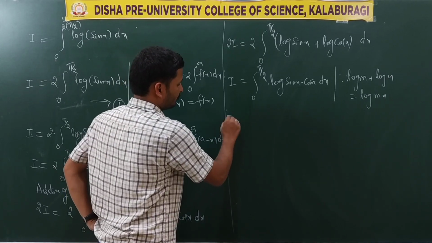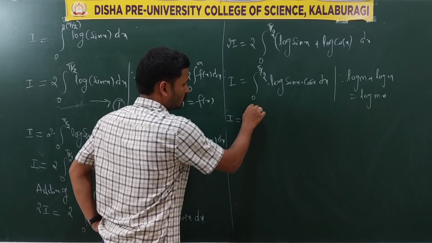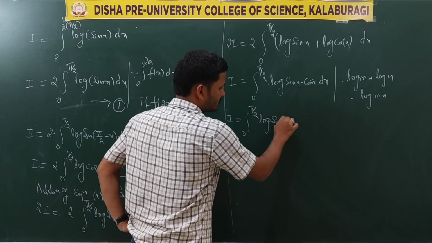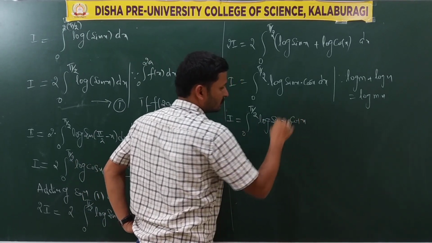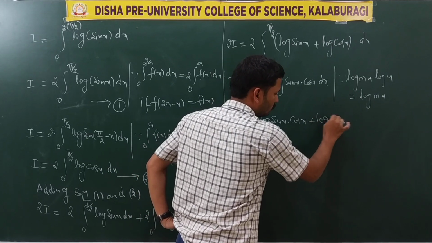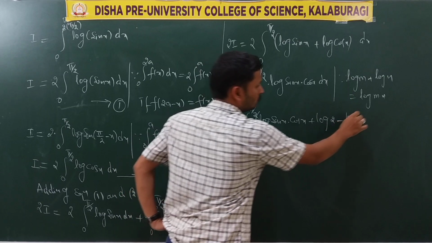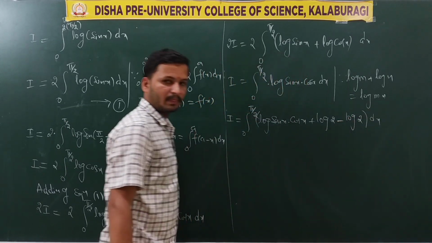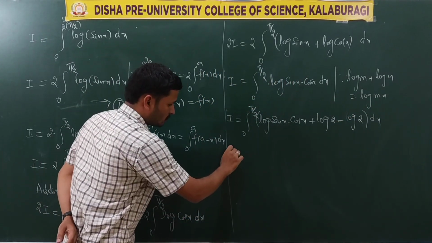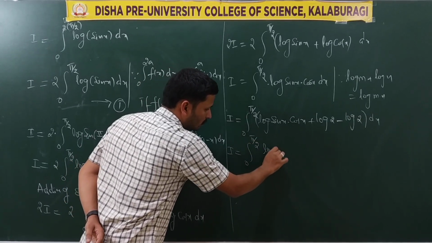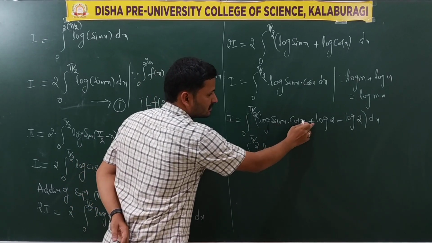So again I is equals to integral 0 to pi by 2 of log of sin x into cos x, adding log 2 and subtracting log 2, into dx. Now I is equals to the integral 0 to pi by 2 of log of sin x into cos x plus log 2.